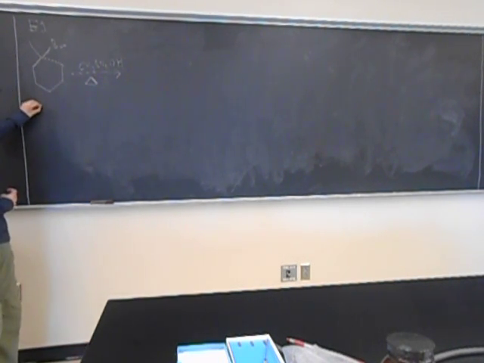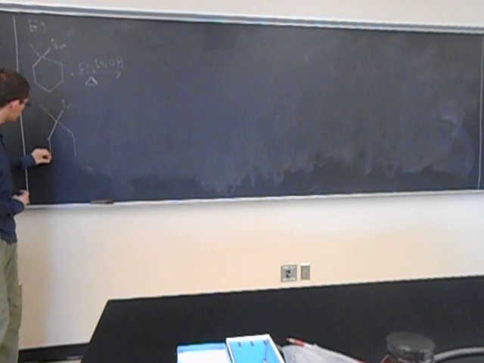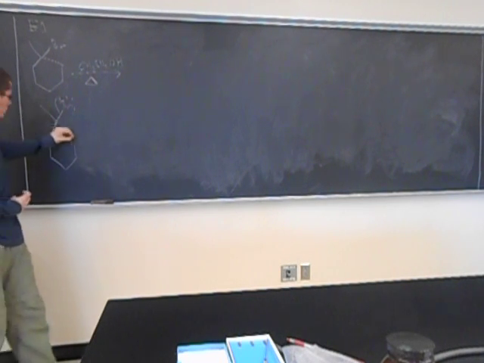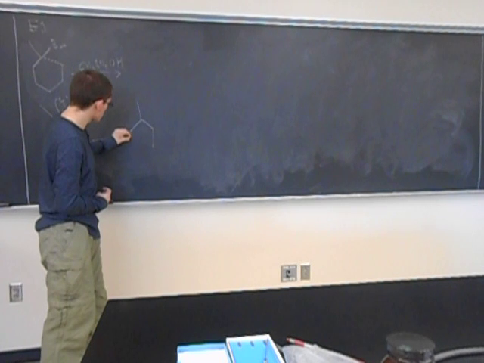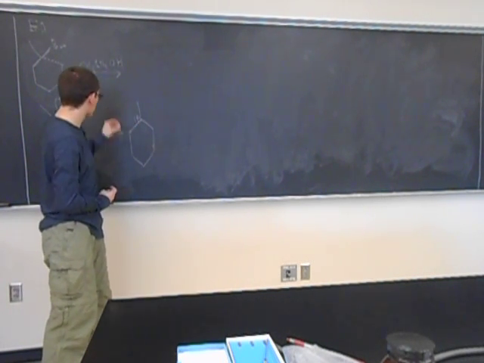Now, as we previously discussed, the first thing that's going to happen is our leaving group is going to leave, pulled by electronegativity, forming our tertiary carbocation.